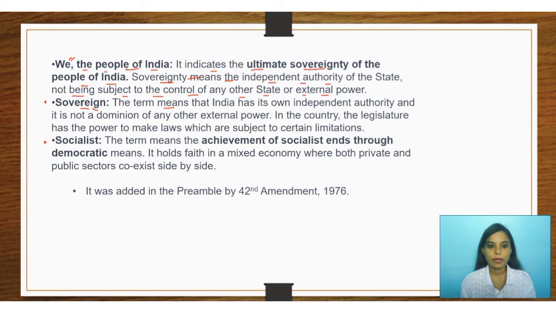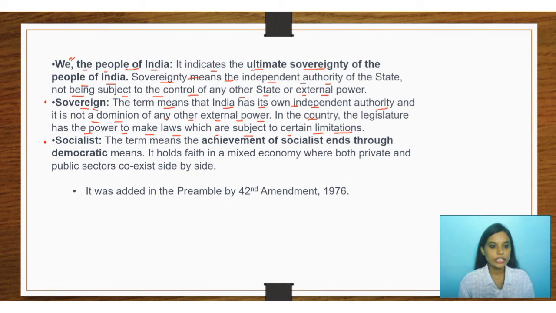The term means that India has its own independent authority and it is not a dominion of any other external power. In the country, the legislature has the power to make laws which are subject to certain limitations.